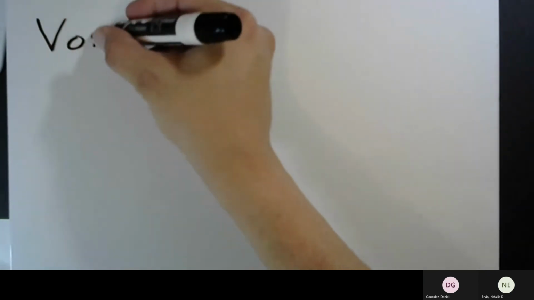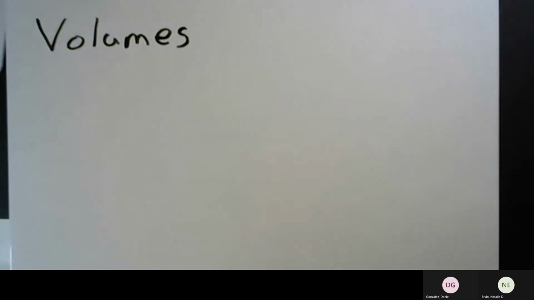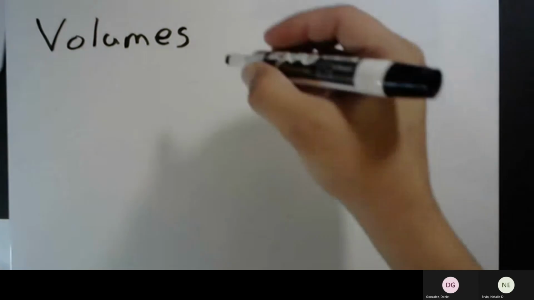So we're going to be looking at applications. We'll start out with volumes, and then we'll look at arc lengths, and then surface areas, and then work, and then moments of inertia.